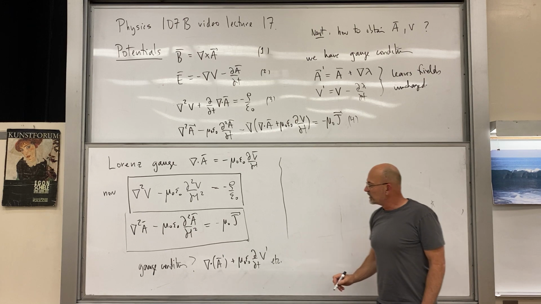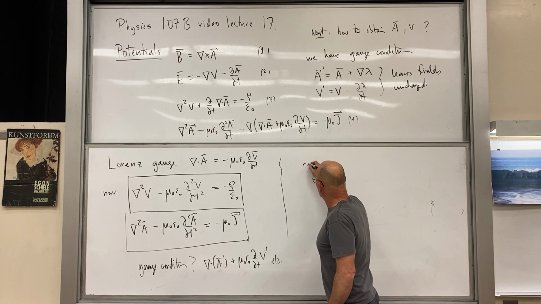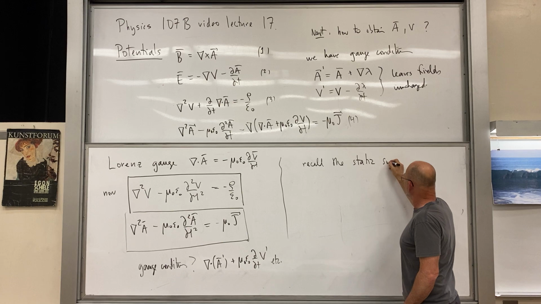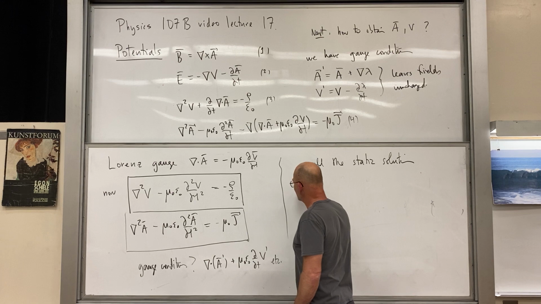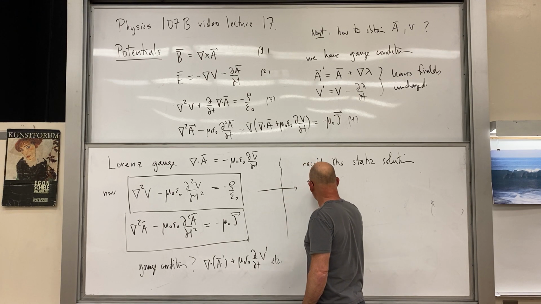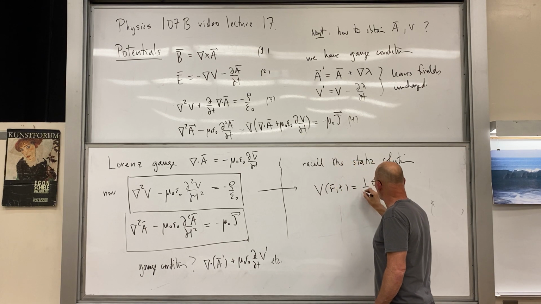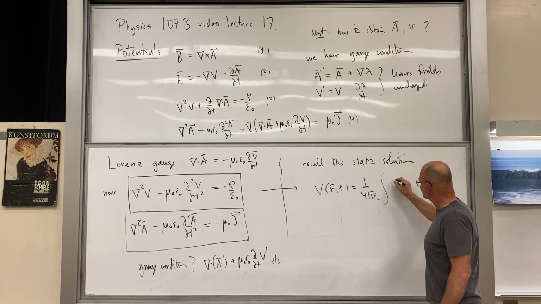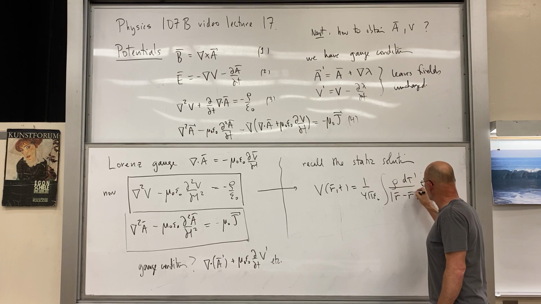So now what we're going to do is first write down the static solutions. For this one we had V of R and T was 1 over 4 pi epsilon naught, the integral of the, this is the one we just wrote down a minute ago, R minus R prime.